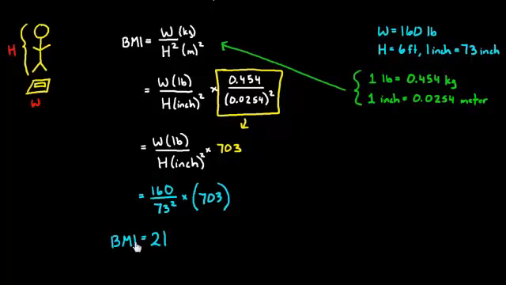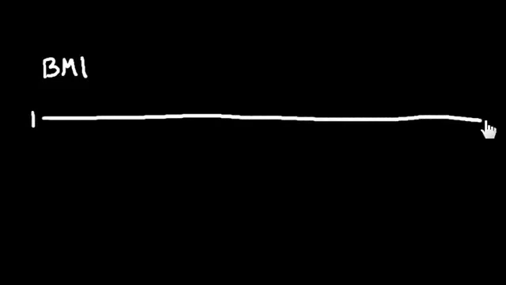Wonderful. The next question is, well, what does that mean? You know, if I have a BMI of 21, is that normal, or is that good, or how should I feel about that? So if you put a scale out here, starting with 0 to, let's say, 30, and I have 25 here, and let's say this is about 18.5.